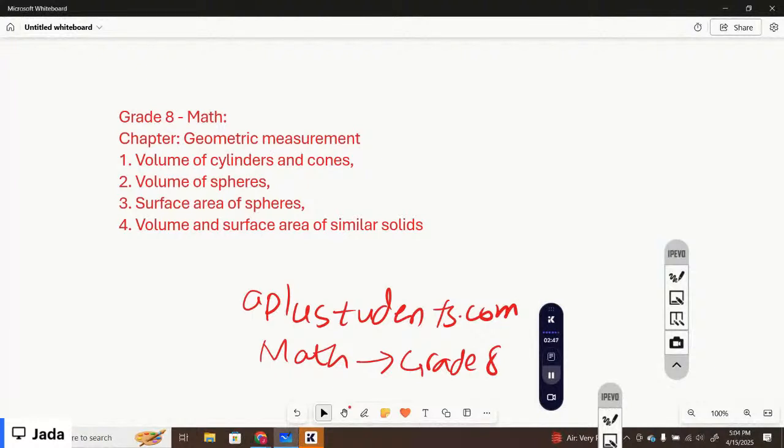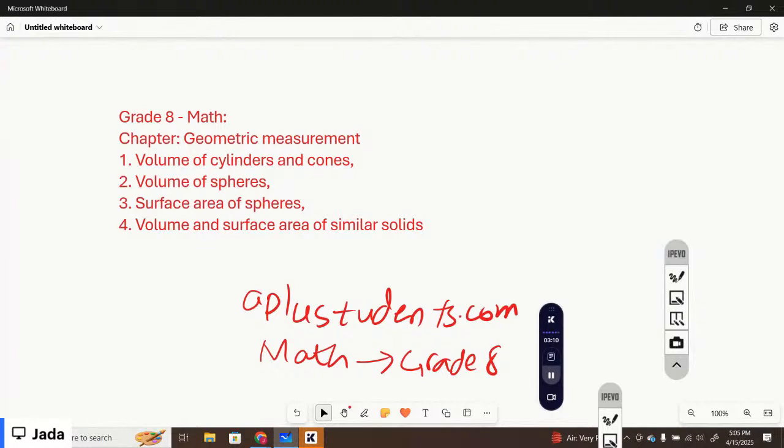There you can find a list of the chapters. We're going to start with the chapter geometric measurement. The lessons we're going to cover today are volume of cylinders and cones, volume of spheres, surface area of spheres, and volume and surface area of similar solids.